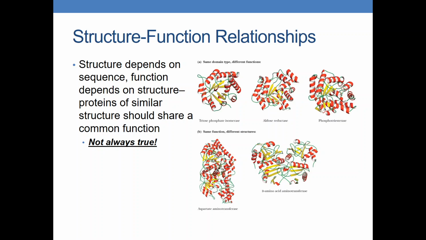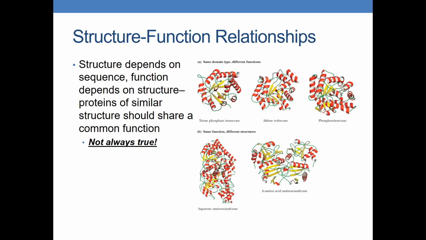Evolution has made it such that your domains look as they do, but sometimes you'll see active site elements mutated so that they have different functions. So you will see examples here, in fact, that demonstrate that. So here we have 3 different proteins. They have the same domain type, so these all look about the same.